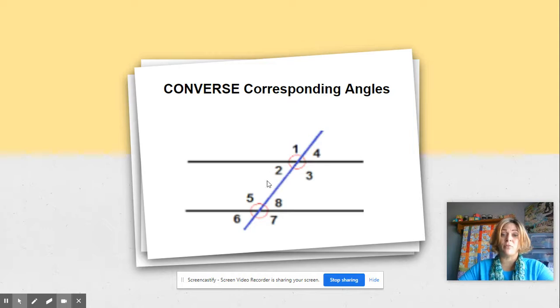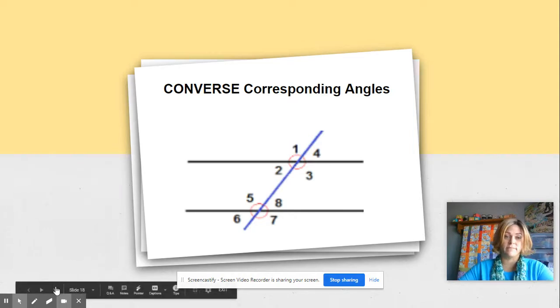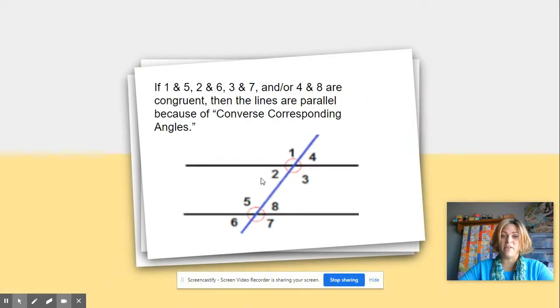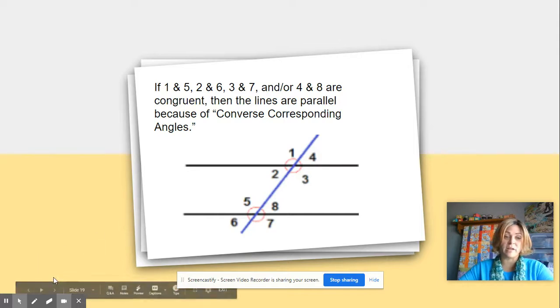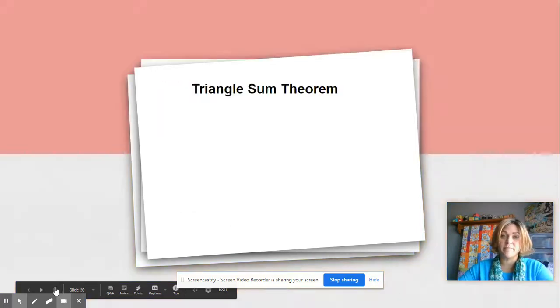But I would have to know that 1 and 5 are congruent first. So 1 and 5, 2 and 6, 7 and 3, 8 and 4. Those are all the pairs of corresponding angles, but you would have to prove or find that they're congruent to prove that the lines are parallel.